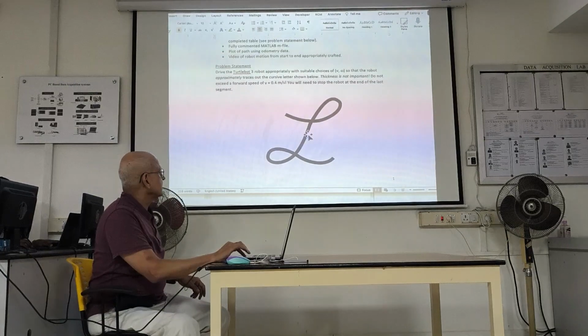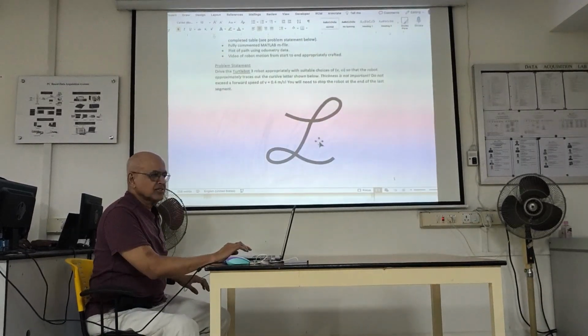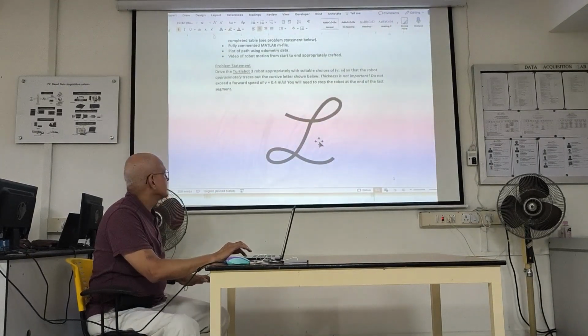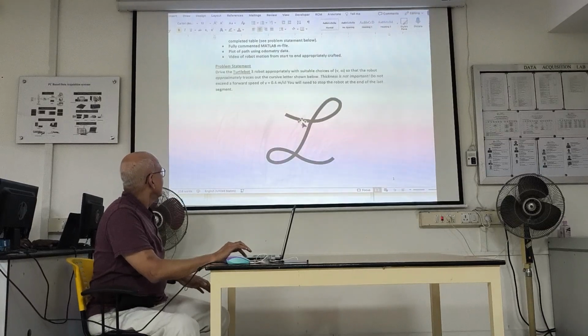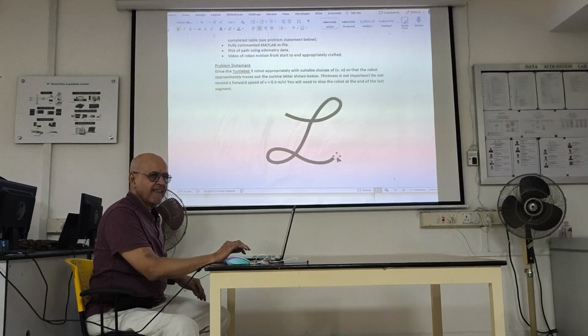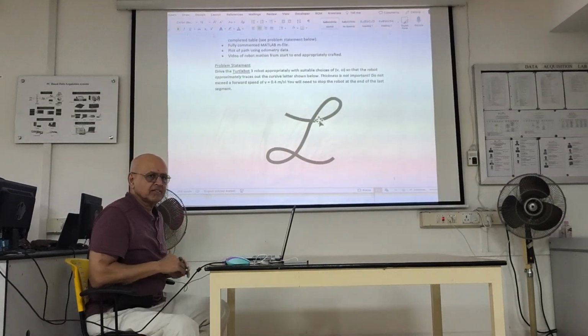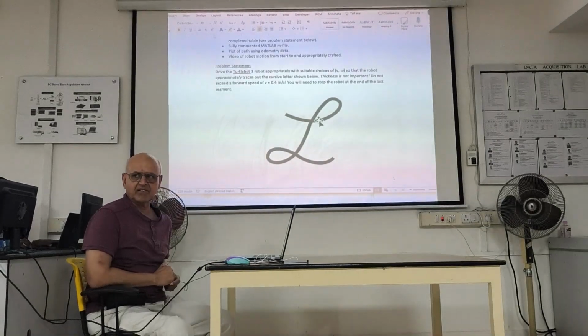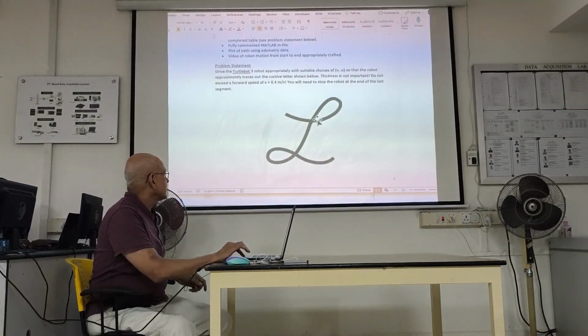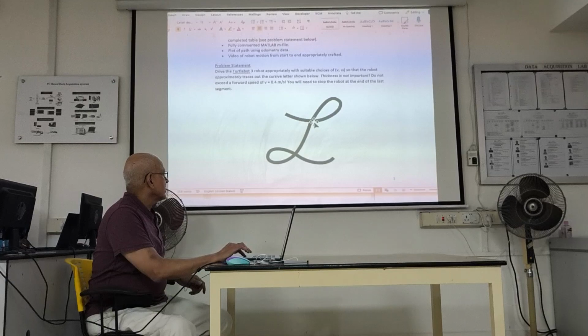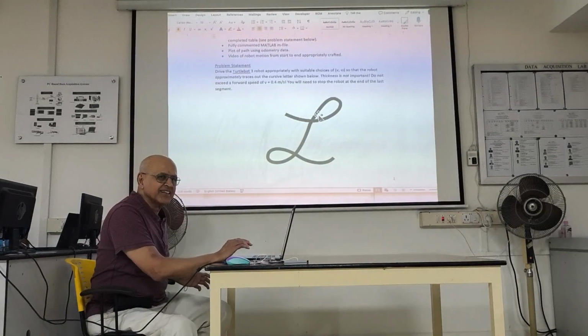So this is what you're doing. Thickness is not important. So you're going to drive this and stop it here. So basically you're going to model this with multiple sections of a circle. Maybe this is one circle, I don't think so.